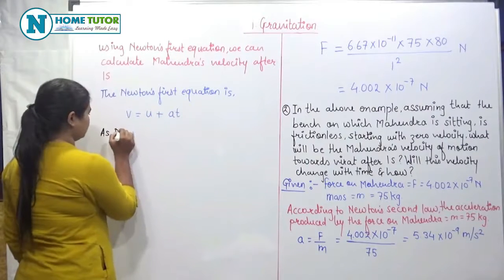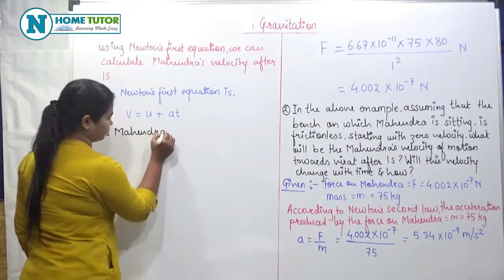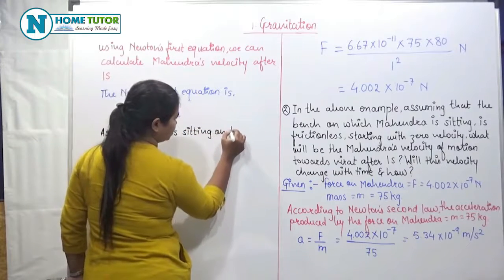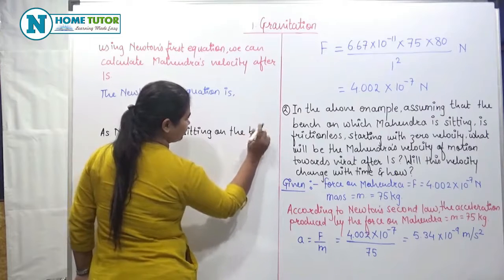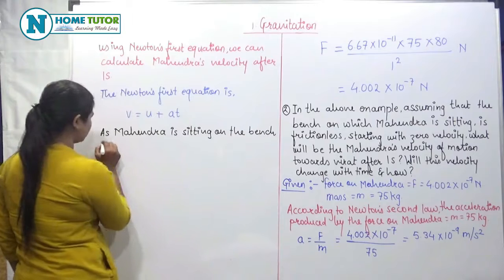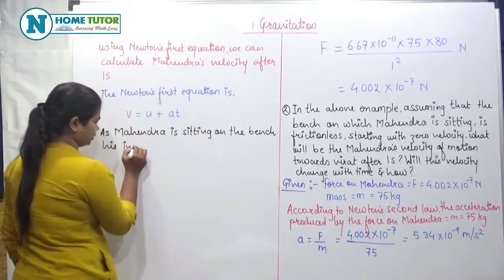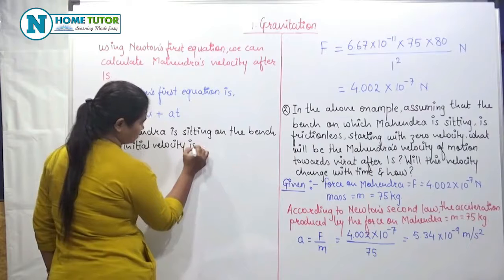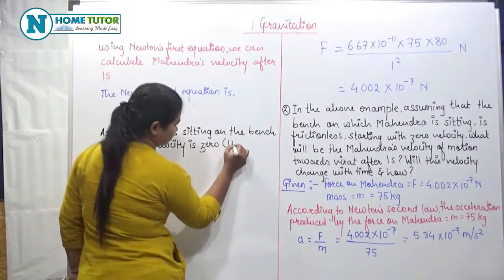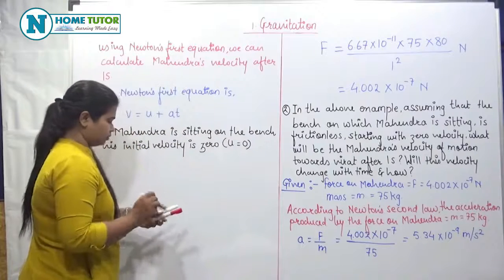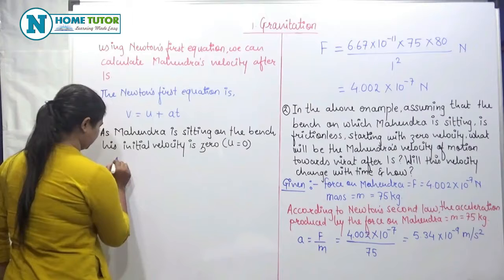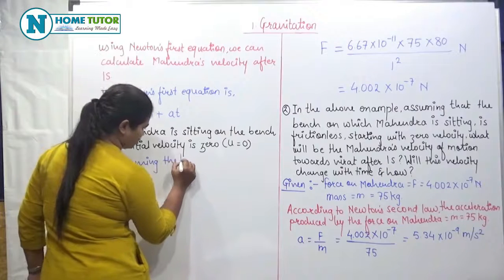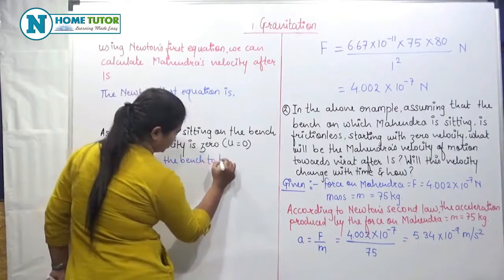As Mahendra is sitting on the bench, his initial velocity is 0, that is U is equal to 0, assuming the bench to be frictionless.